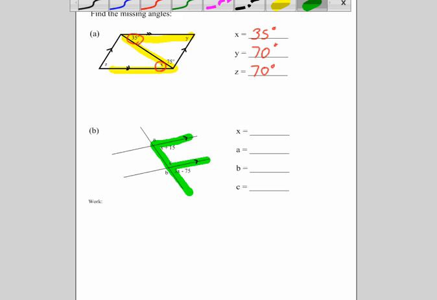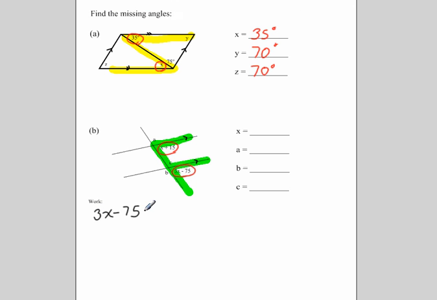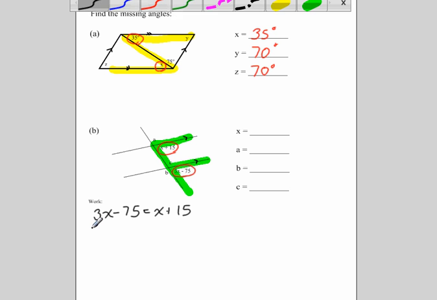And what that tells me is that this angle here and this angle here must be equal. And so what I'm going to do then is create an algebraic equation based on my knowledge of geometry. And now I'm going to solve that equation based on my knowledge of algebra.